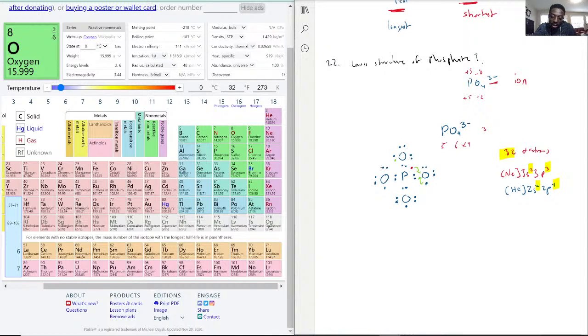But these oxygens now, that extra 3 electrons right there, and right there. Okay, so with that being said, this phosphate ion, breaking the octet rule, has a double bond here with one of the oxygens and single bonds with the rest of them.